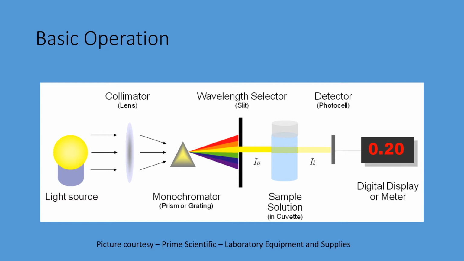A lens or a collimator concentrates all the rays onto the monochromator or prism. These pass through a selected wavelength slit and through the sample compartment. The detector photocell detects the ratio of I0 by IT, which is measured as absorbance units, AU.